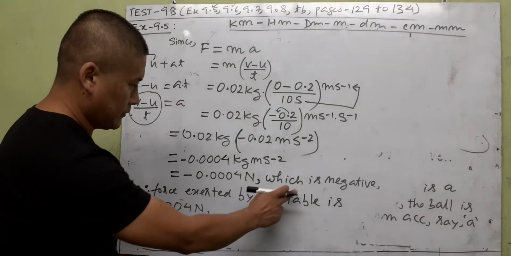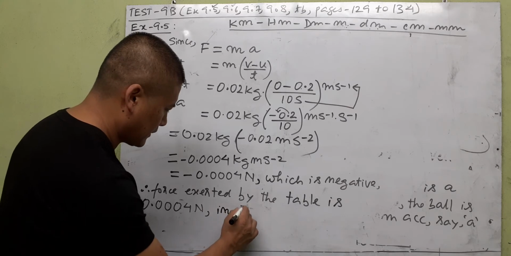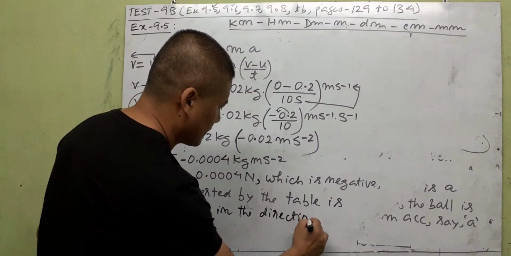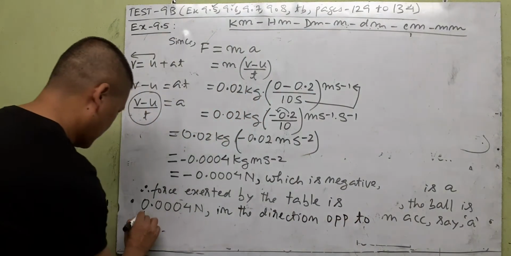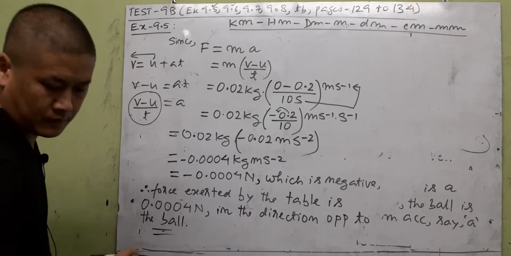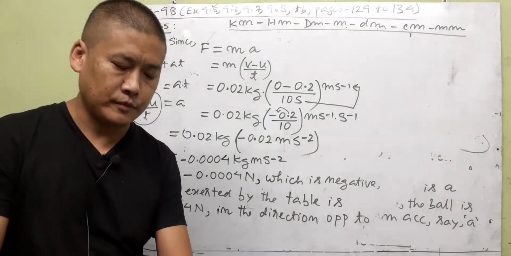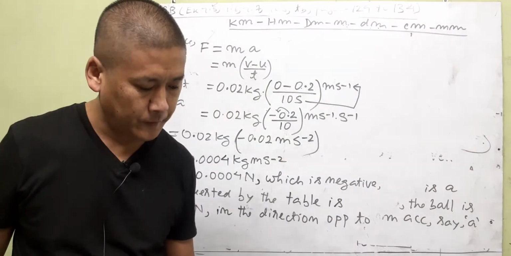And minus means what? Negative means the friction force of the table is in the direction opposite to the ball, that means the rolling ball. Okay, so that is your answer. Negative force means the force is acting opposite to the direction of the moving object.